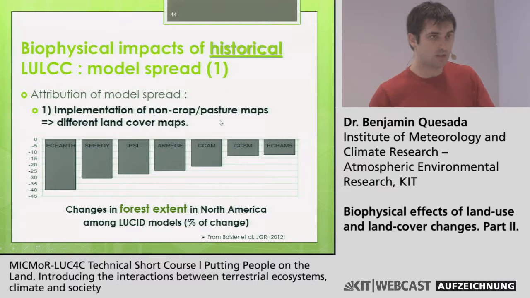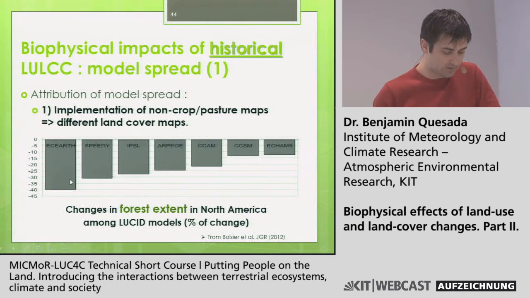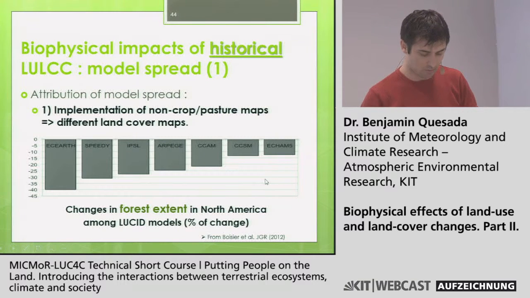That leads to different land cover maps for each model, and in absolute value you have differences in forest extent simulated by each model. Look, for example, at the EC Earth model that simulates for the past land use and land cover change minus 40% in North America forest extent, whereas for ECAM5 it's only maybe minus 10%. So that contributes to the model spread we saw on temperature.